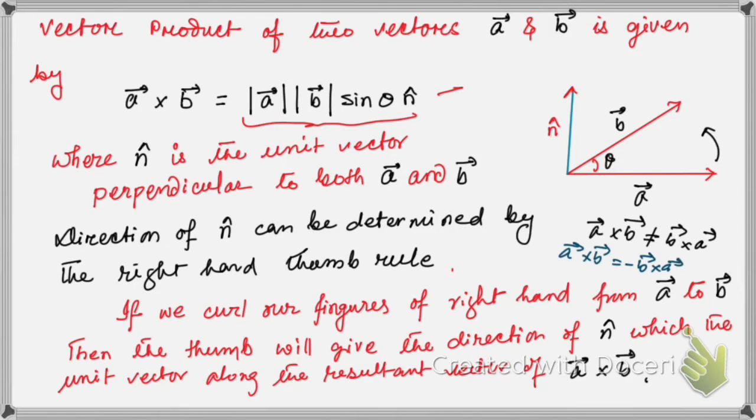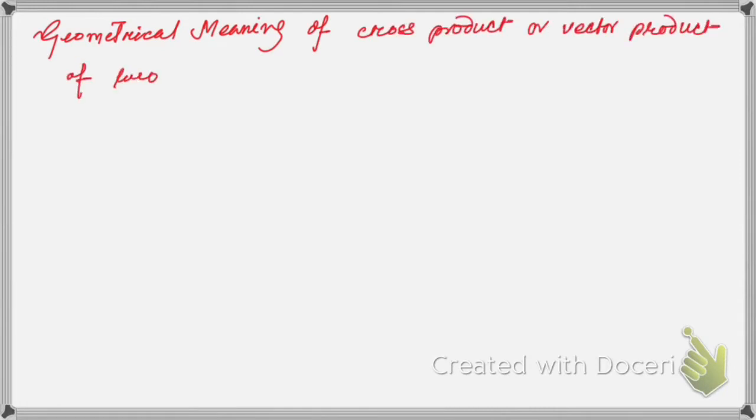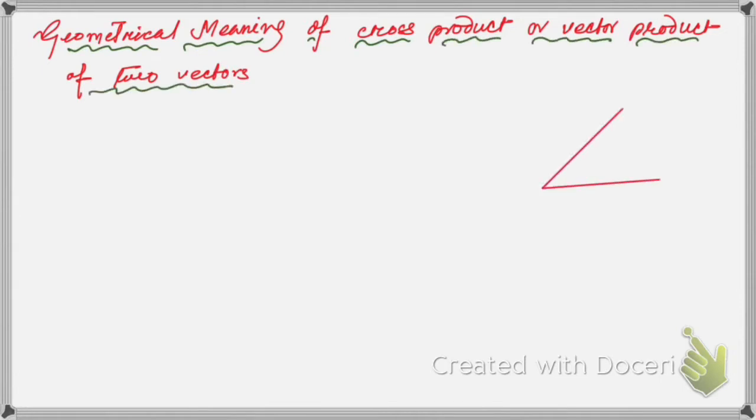So now let us discuss its geometrical meaning. Here the resultant is also a vector, okay? So for the geometrical meaning of the cross product or vector product of two vectors, suppose these are the two vectors A and B. Let me consider that these two vectors are adjacent sides of this parallelogram.